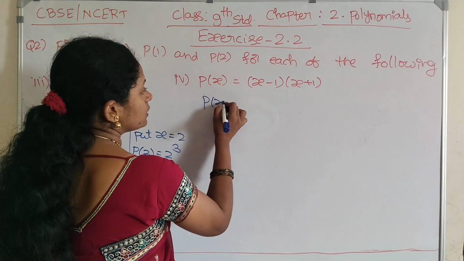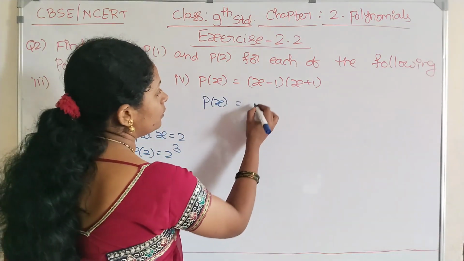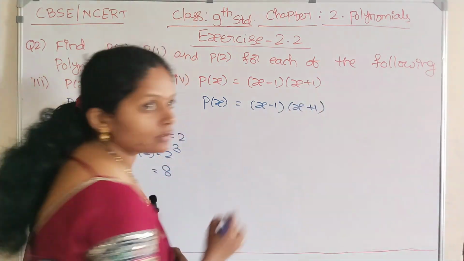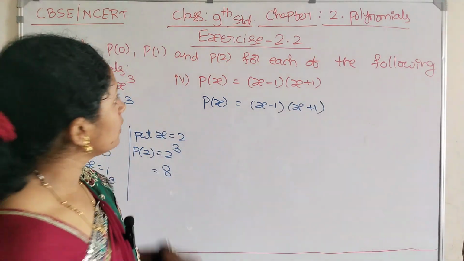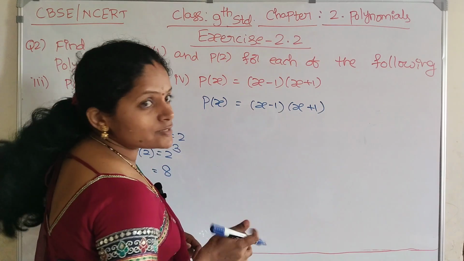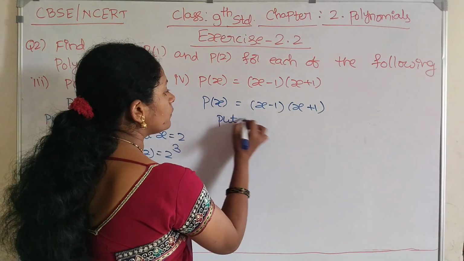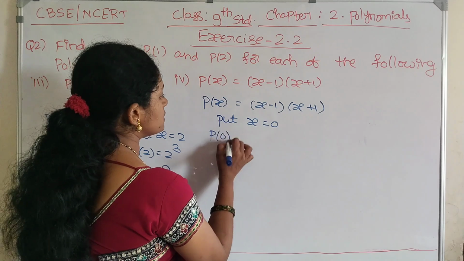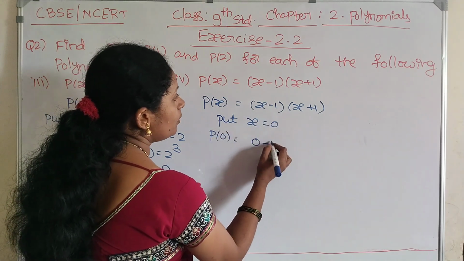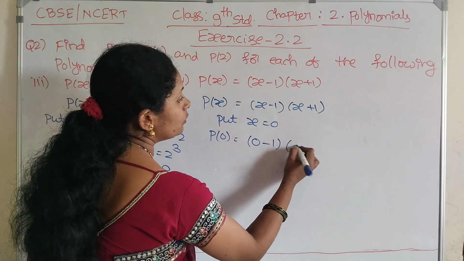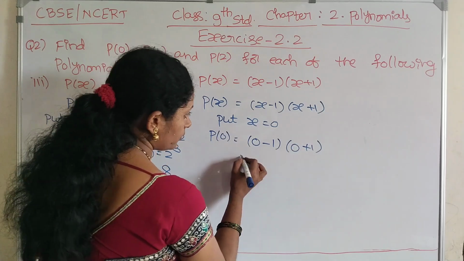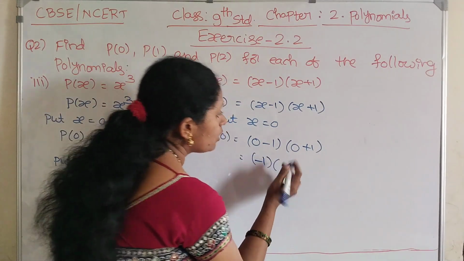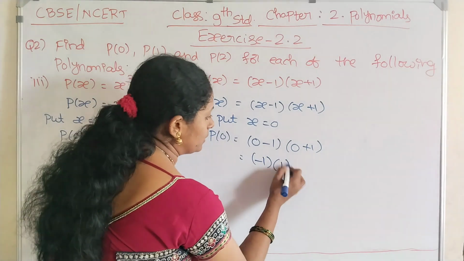Next, the fourth question. P of x is equal to x minus 1 into x plus 1. This is the given polynomial. First, to get P of 0, we have to put x is equal to 0 here. P of 0 is equal to 0 minus 1 into 0 plus 1. 0 minus 1 is the minus 1, into 0 plus 1 is the plus 1.